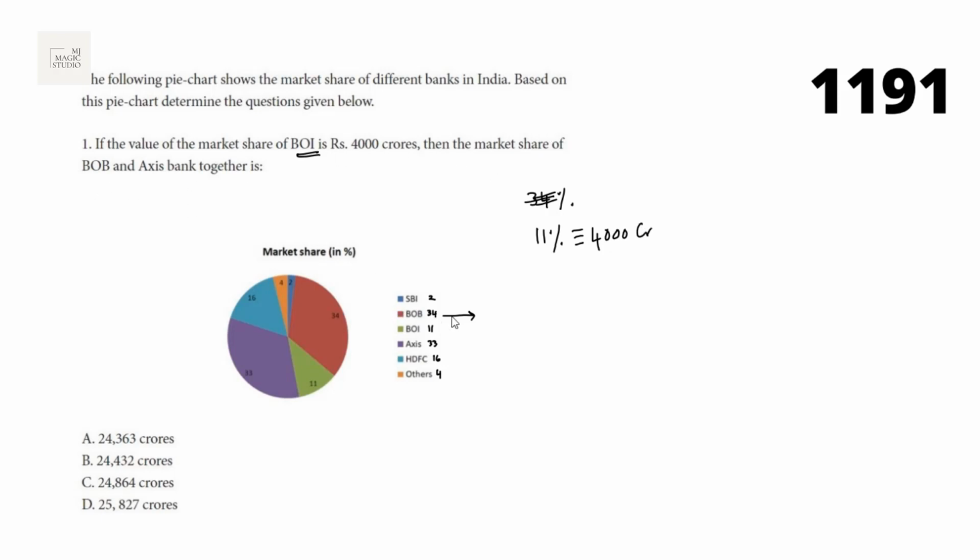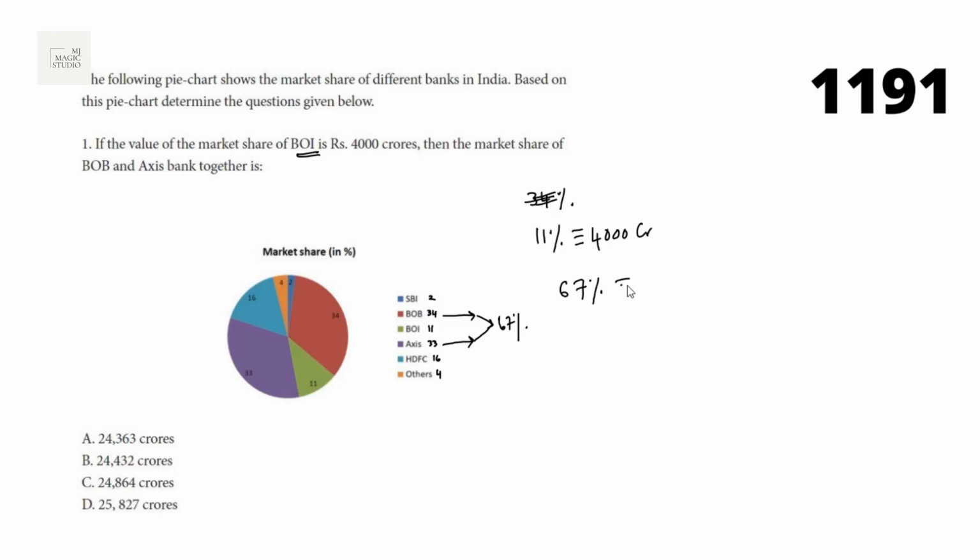Then the market share of BOB is 34, and Axis is 33. So 34 plus 33 equals 67%. We just need the calculator value of 67.